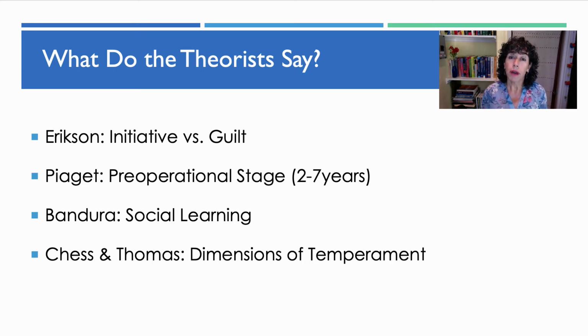So the types of factors that come up are activity level, whether the child is very active or not so active, the rhythms of their day, their style of approach and withdrawal to new activities, familiar activities, people, both adults and peers, their adaptability, their sensory thresholds, the quality of their moods.